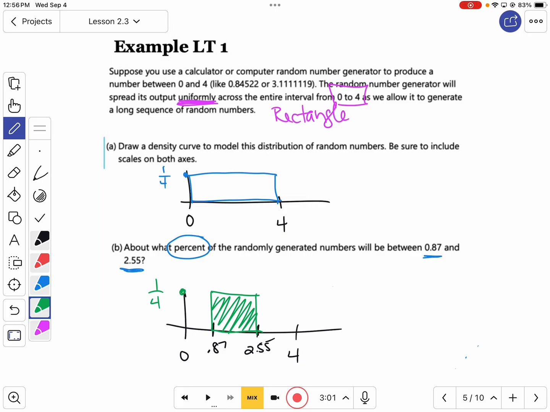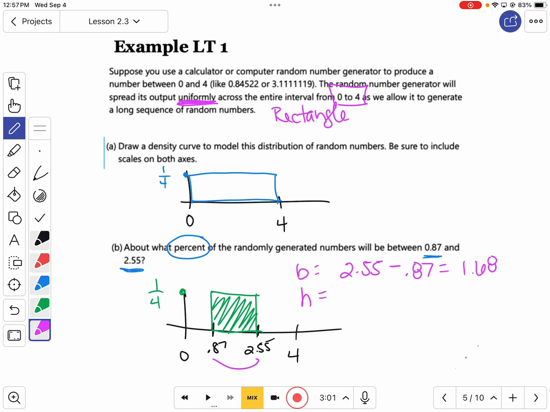Okay, and so if I want to find that percent, here's what we're going to have to do. First, I got to figure out the length of this bottom. So let's take 2.55 and subtract 0.87. Okay, that's going to be my base of my rectangle. All right. Somebody got that? 1.68. Okay, so that's my base.